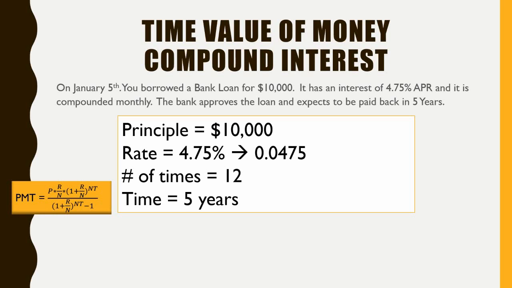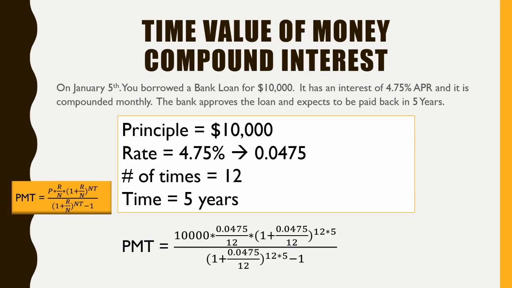So principal $10,000. The rate is 4.75%, so it's going to be converted to 0.0475. You're going to be compounded every month, so it's 12 times a year, and you have 5 years to pay back this loan. So you're going to plug it into this complicated formula, right?